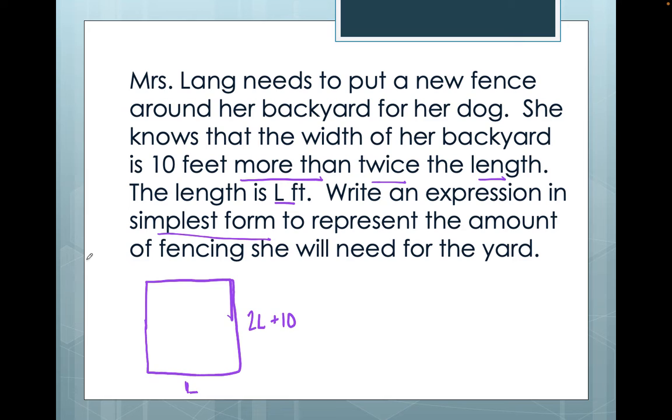That would be, if I added up all of these sides, 2L and 2L, that's 4L, plus another L, that's 5L, and 6L, and 10 plus 10 is 20. So my answer is 6L plus 20 feet.